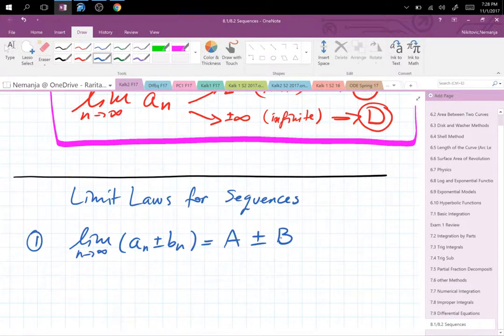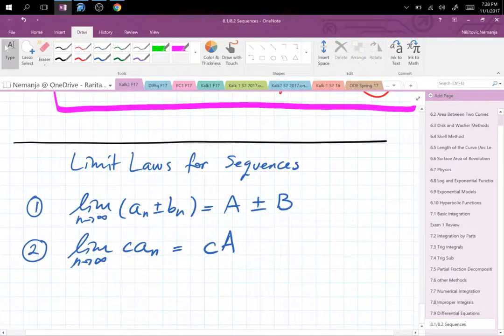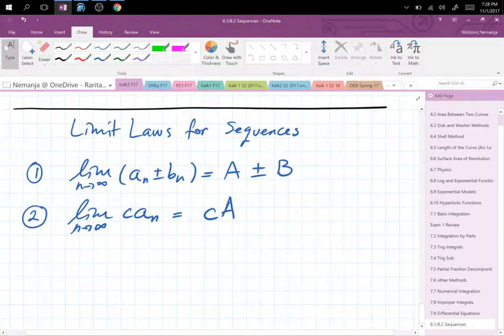So the limit of the two sequences a_n and b_n, whether they're added or subtracted, is going to be the addition or subtraction of their limits. Number 2. If you multiply by a constant, that constant can go in front, and it's just c times A. Same thing like the derivatives and integrals. You kick the constant outside.